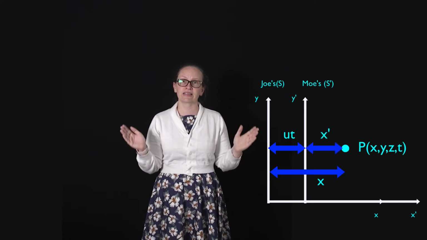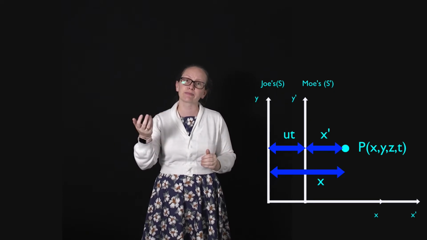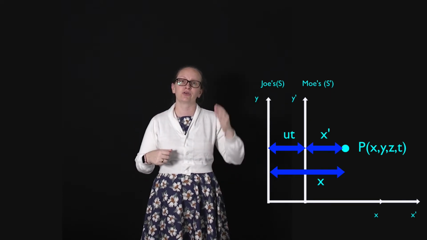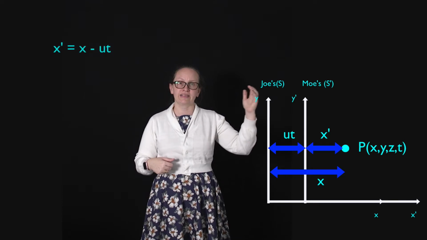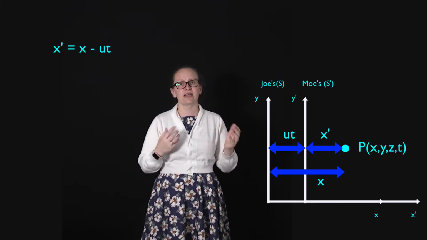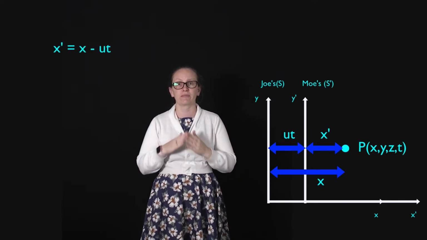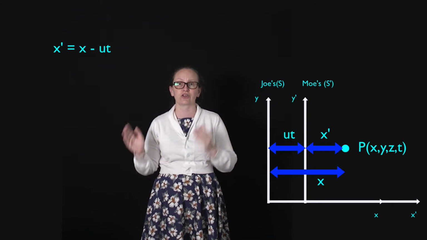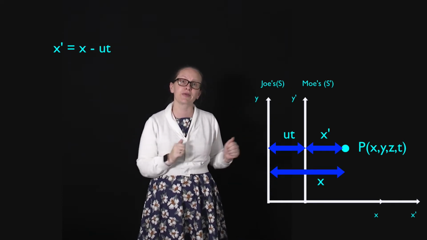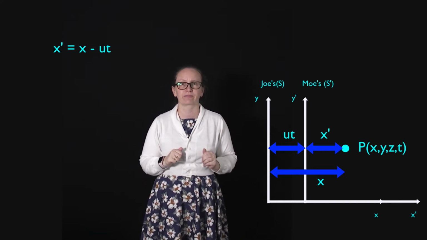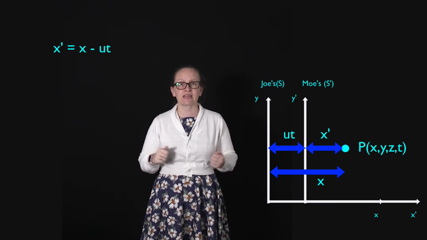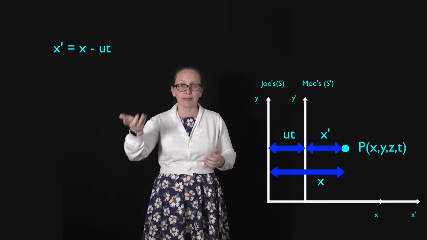So by looking at this figure, we can see that x prime is equal to x minus ut. So this tells us how we transform the x coordinate in Joe's frame into the x prime coordinate in Mo's frame.